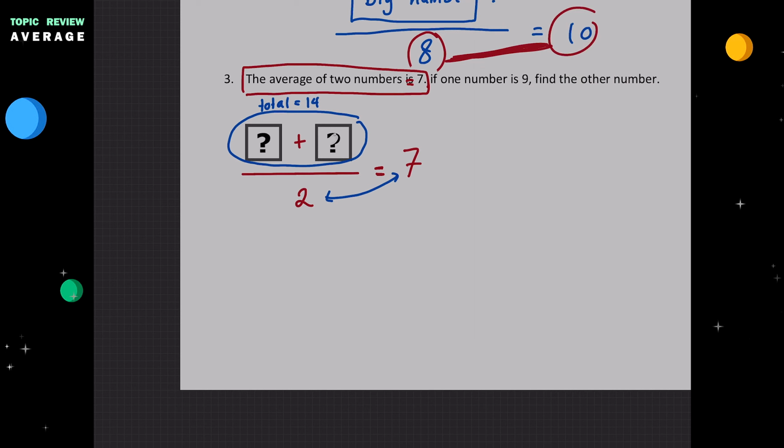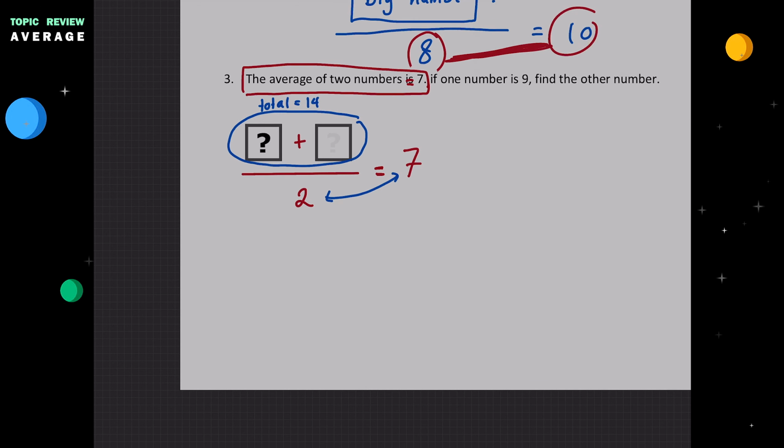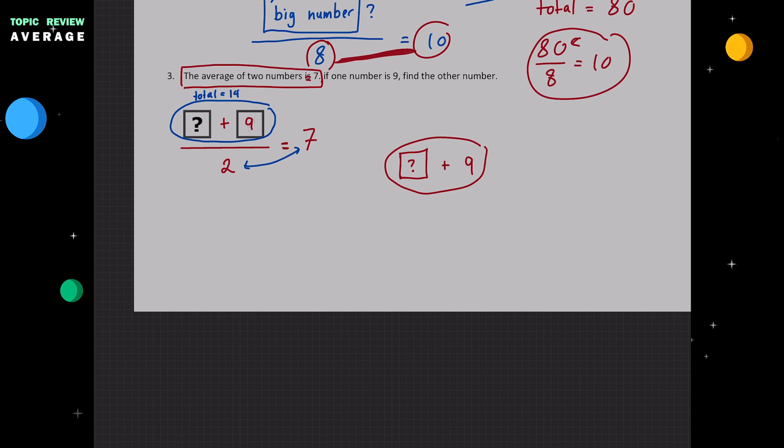So now it says that one of the numbers is a 9. So imagine if I just get rid of this. And now it says that this number is now a 9. So one of the numbers is a 9. There's a 9 there. Find the other number. Okay. So what do we know? We know that something plus 9 gives me a total of 14.